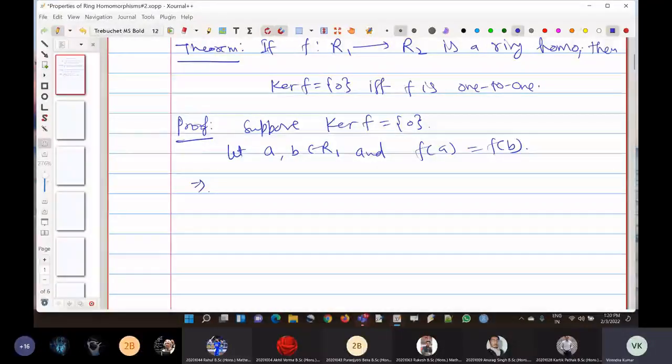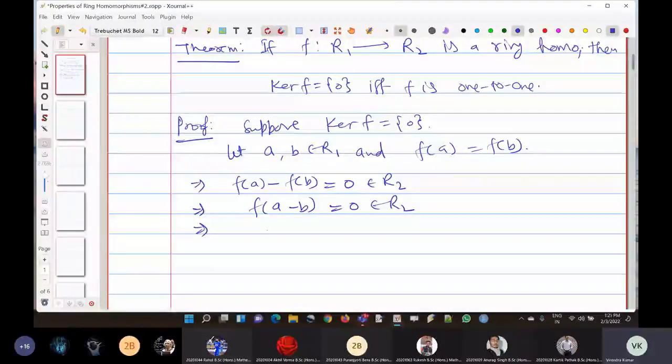This implies that f(a) minus f(b), which are elements of R2, equals 0, and this 0 belongs to R2.